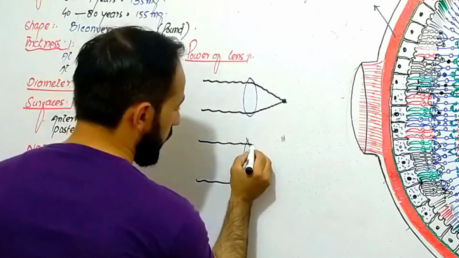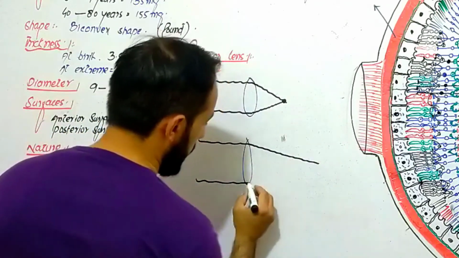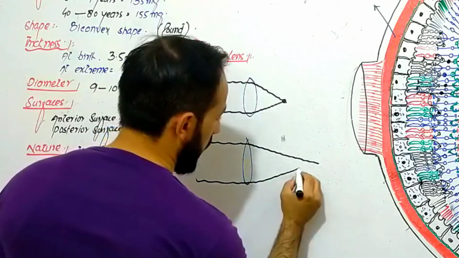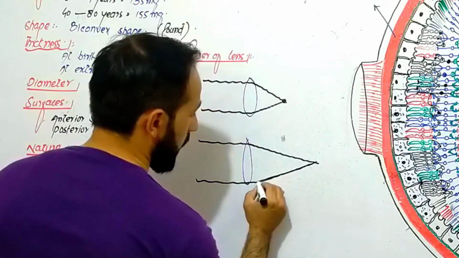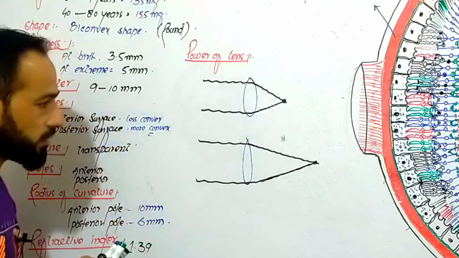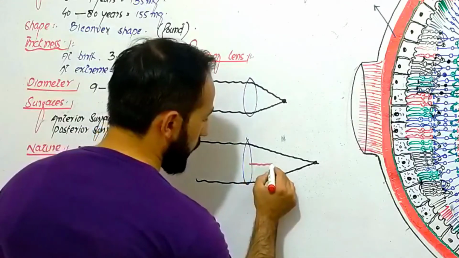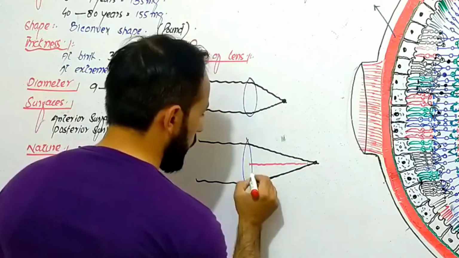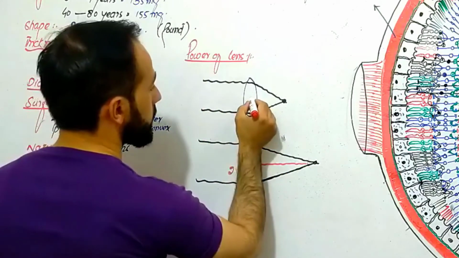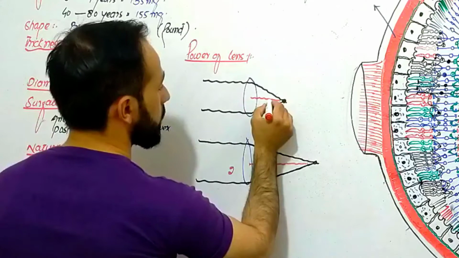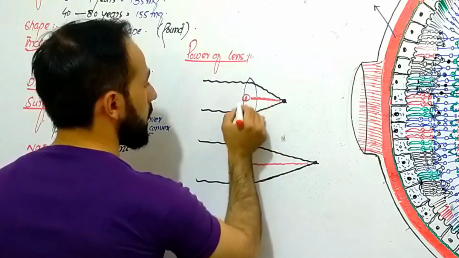And this lens has converged the light rays at this point. So you can see that the distance between the lens and the converging point is far for lens number 2, and the distance for the converging point for lens number 1 is less.